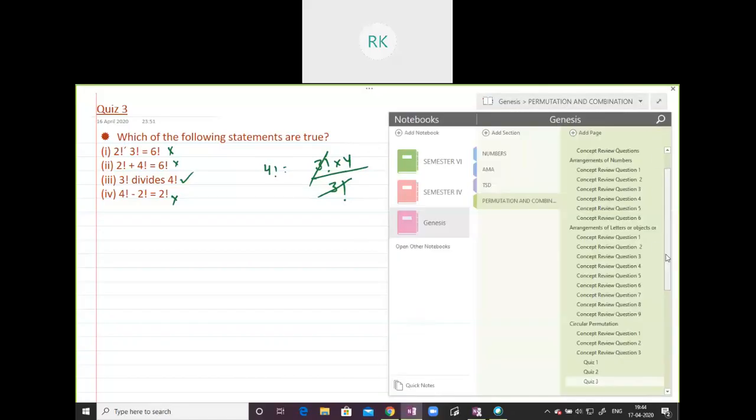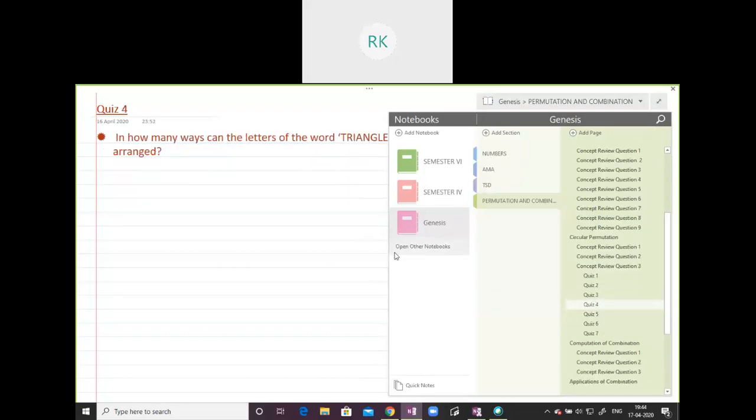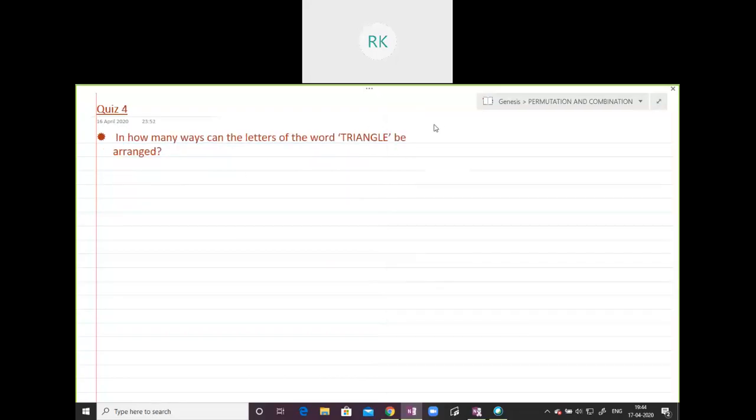Next one is the fourth one. What is the answer for this? In how many ways can the letters of the word TRIANGLE be arranged? What is the answer you got? Alright, that's all. 1, 2, 3, 4, 5, 6, 7, 8. 8 factorial, right?